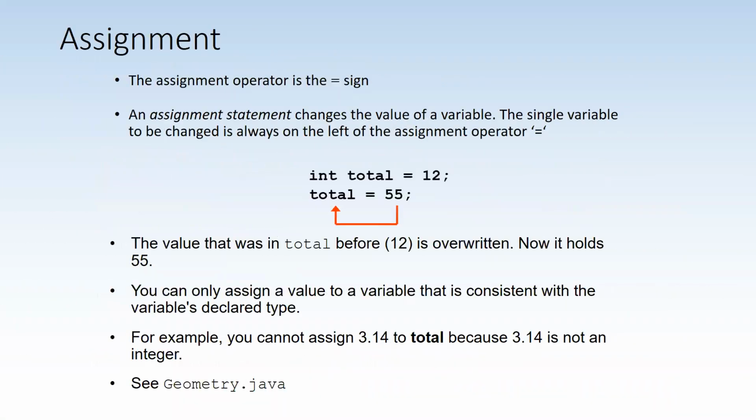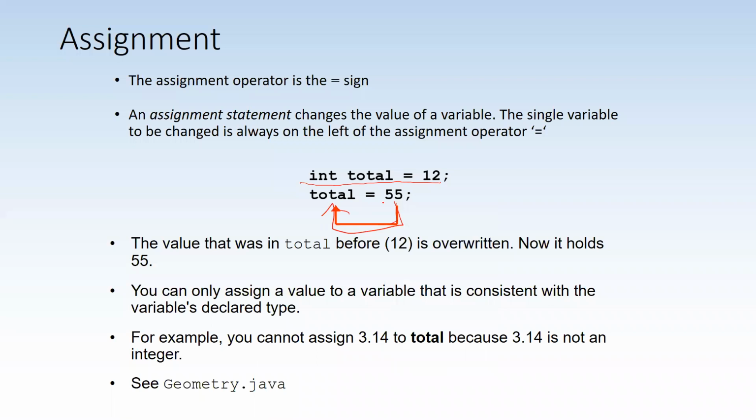Assignment. You understand this. In Python, we have this also. This is a variable declaration with initialization. This is assigning the value to this. And I said this in class 1: this is different from math. In math, it's equality, right? In Java, in programming, this is assignment.